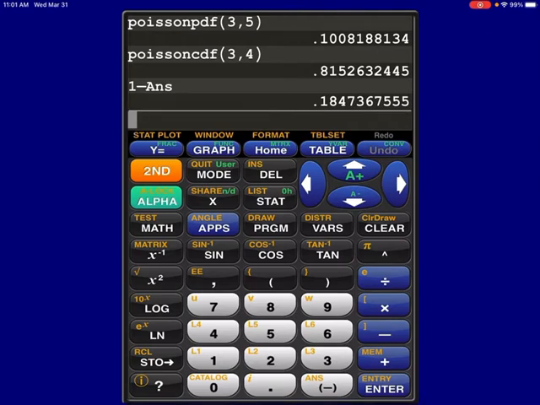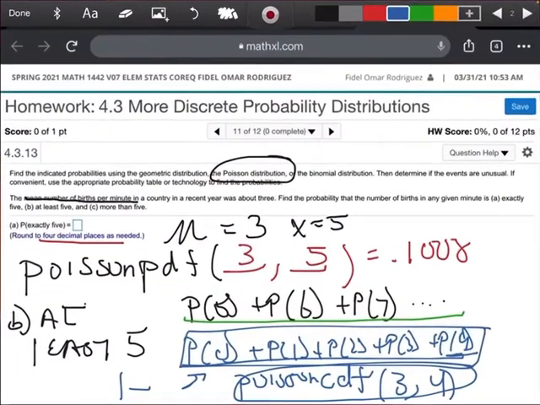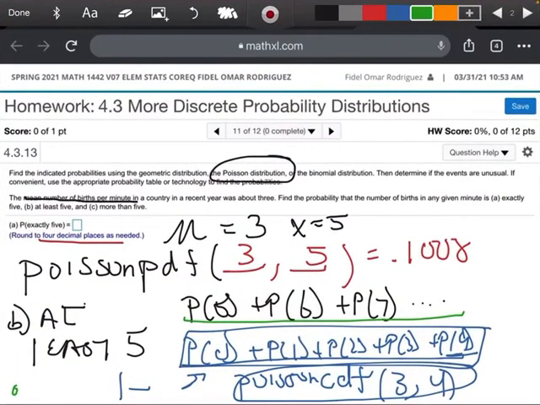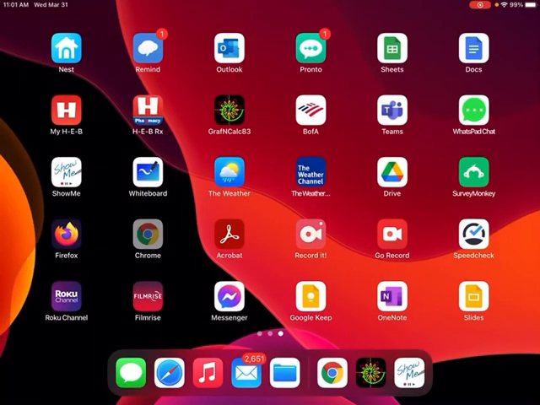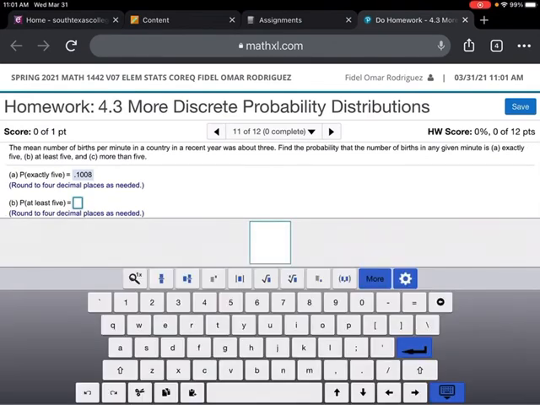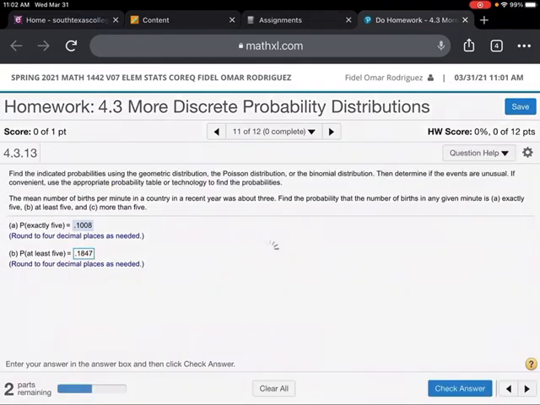So let me write that down. So for part B, I came up with 0.1847, okay? And I'm going to plug that into my problem right here, 0.1847. And I'm going to check my answer. Okay, so we're doing okay so far.